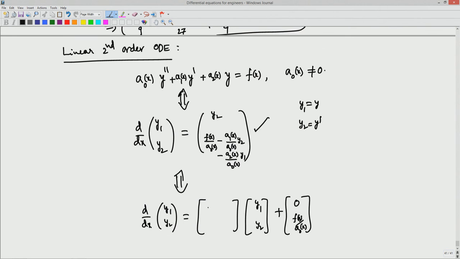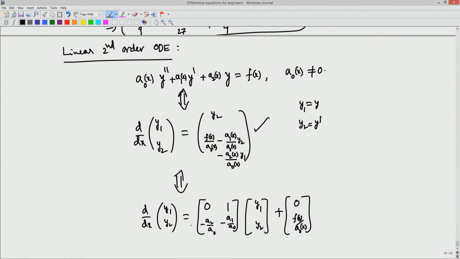Here if I multiply, I should get my y2. So I should have 0 1, and here minus a2 by a0, minus a1 by a0. You multiply it, so that the second row after multiplying is what you get, plus this part which is known, so this is the right hand side.